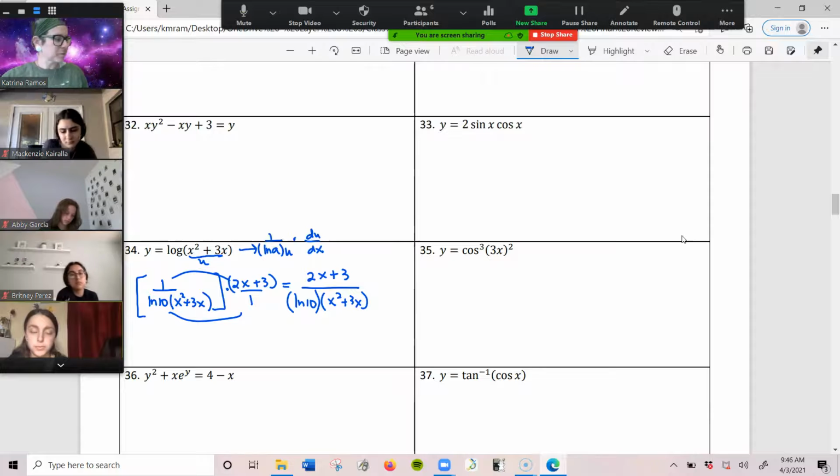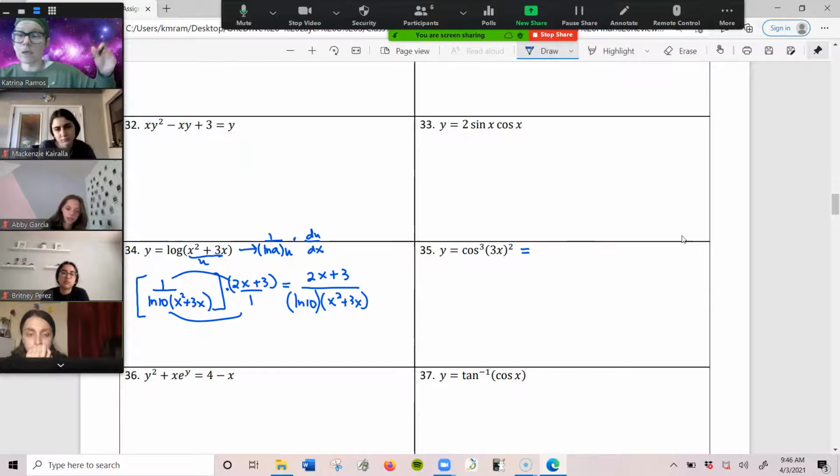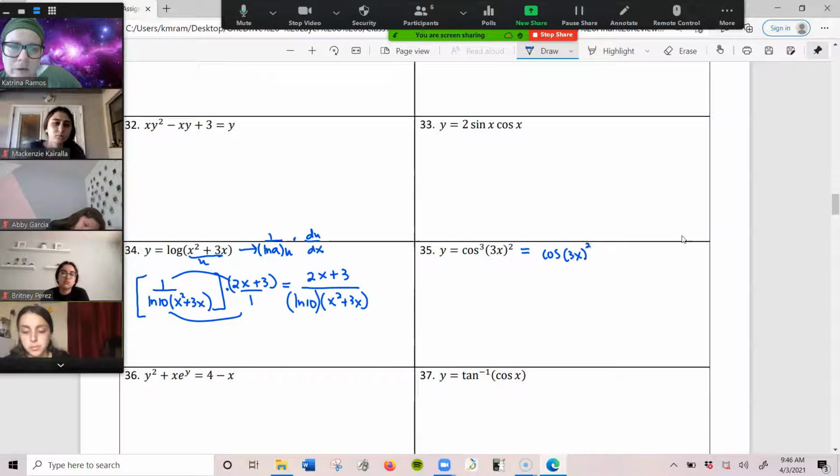35? Sure. Okay. This is chain rule, right? Because automatically when you see trig, you have to think chain rule. Now this can be written so that you can see all of the layers. This is the cosine of 3x squared to the third, right?